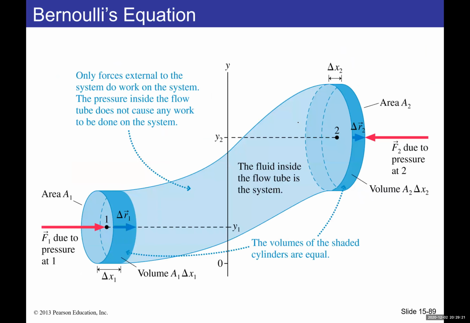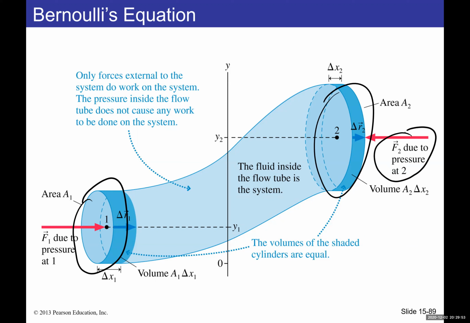All right, so now we're also going to talk about why it happens. Why does it speed up or slow down? This has to do with the pressure difference. Bernoulli's equation shows us that there is a change in velocity because of the work done by the fluid as it moves from one end to another. The idea here is that F1 is the force due to the pressure at point 1, and F2 is the force due to the pressure at point 2.